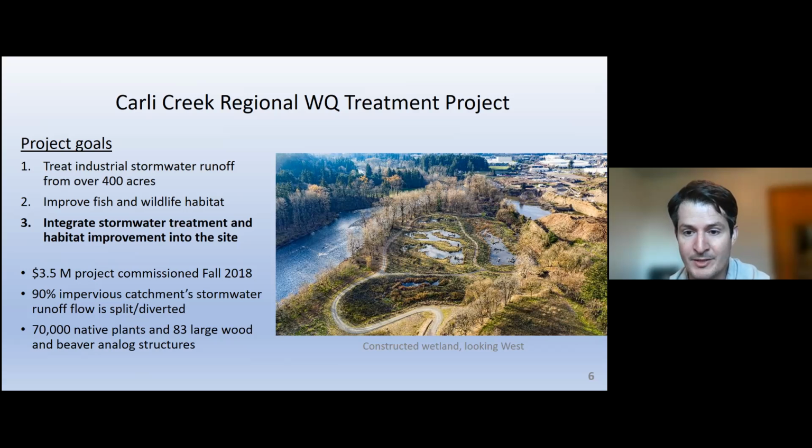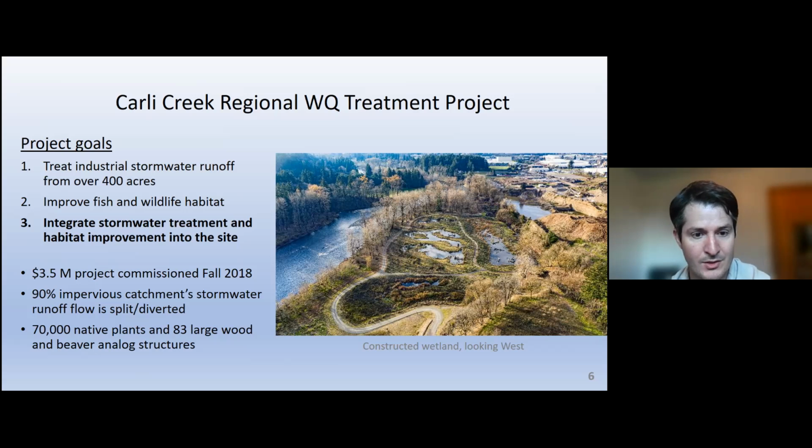The catchment's extremely impervious, a lot of hard surfaces, rooftops, parking lots, roads, and about 70,000 native plants went into the planting and installation. So it was a lot of brand new plants just getting established.